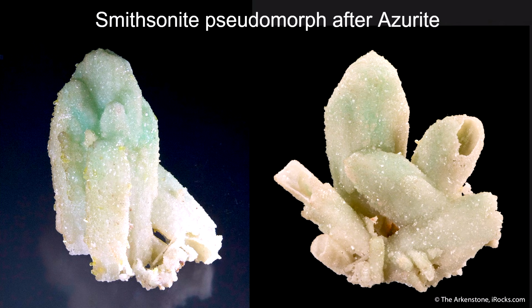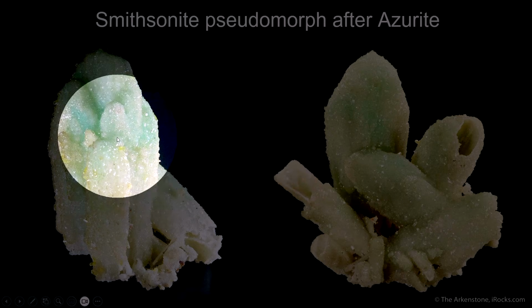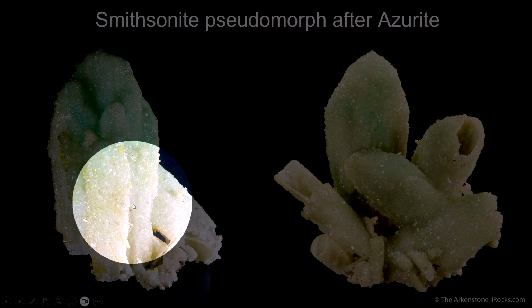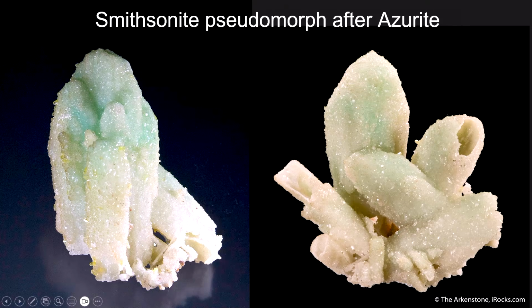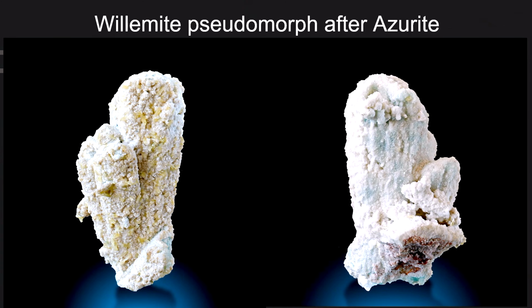Here we have some examples of smithsonite after azurite, and I'll call attention to these little yellow prismatic crystals on the surface. These are mimetite, and the reason that I point these out is that these little mimetite crystals are also found on other pseudomorphs of azurite.